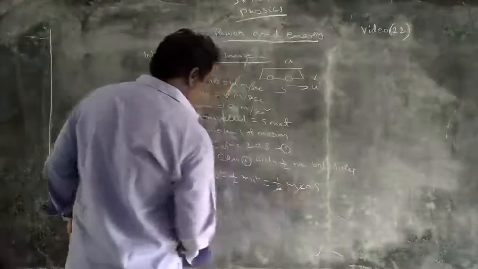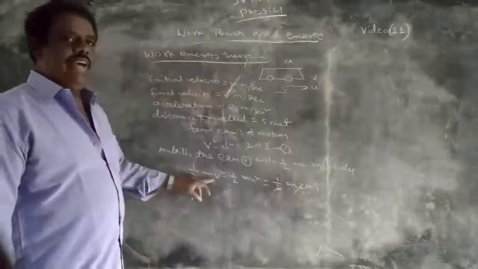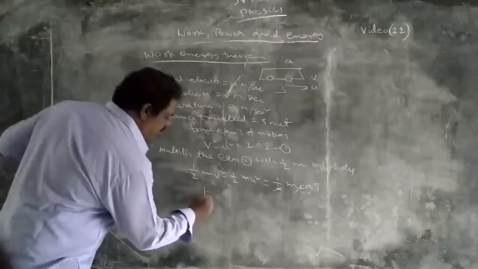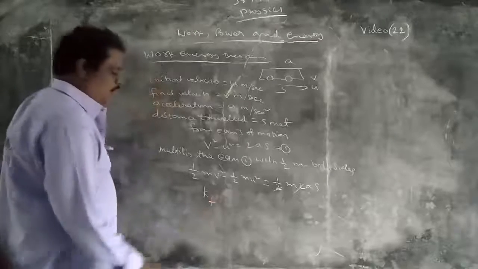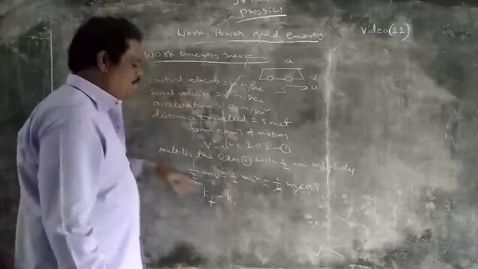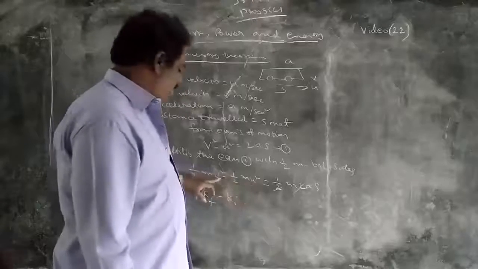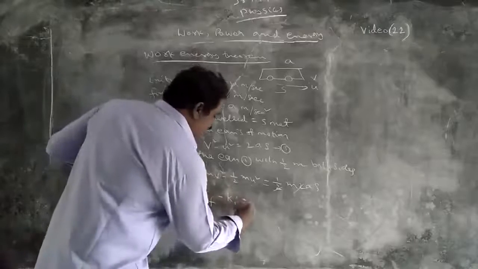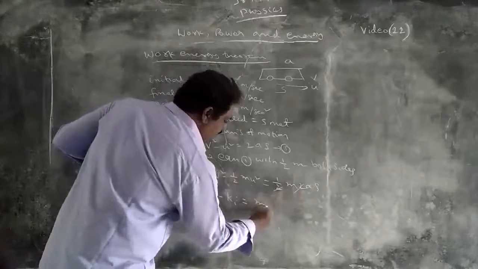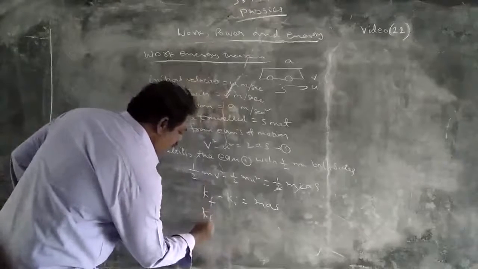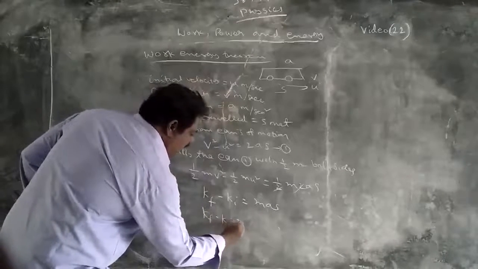The 2 gets cancelled. Half m v square indicates the final kinetic energy, denoted with K suffix f. Half m u square indicates the initial kinetic energy, because u is the initial velocity and v is the final velocity. Kf minus Ki on the left side, and on the right side it will be m a s.